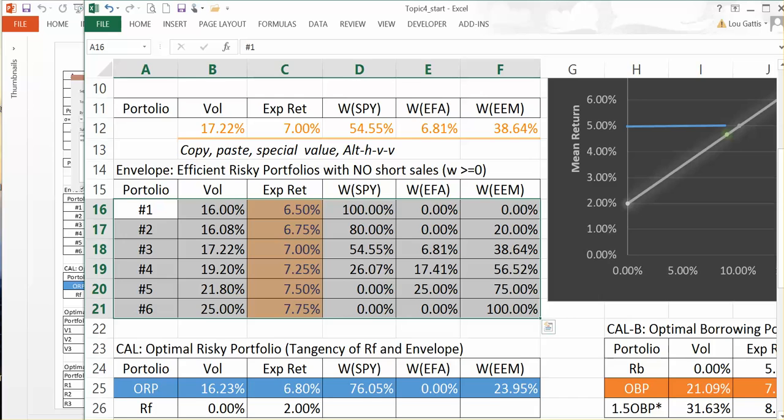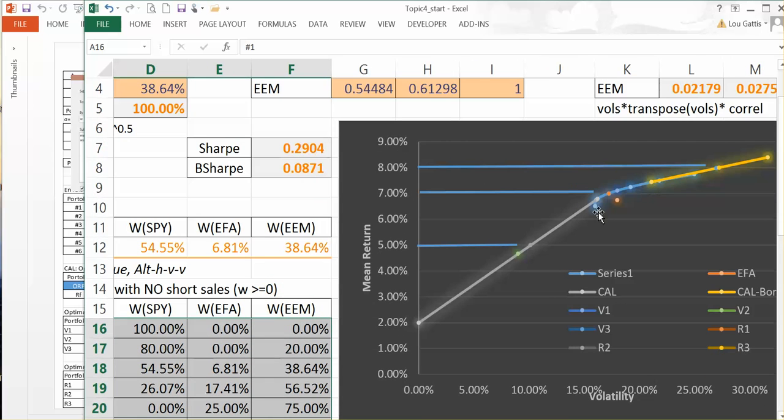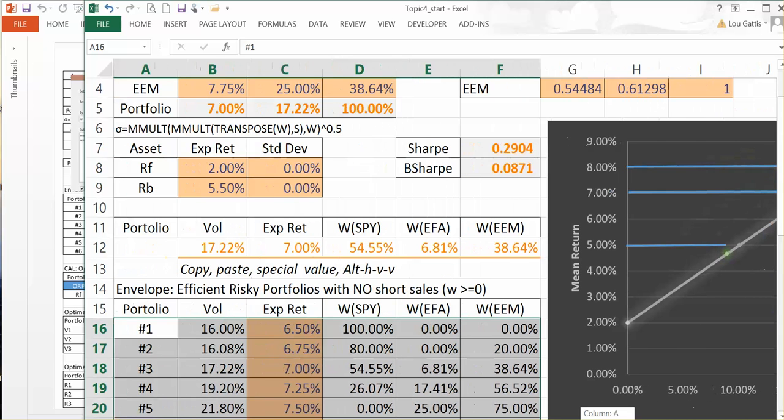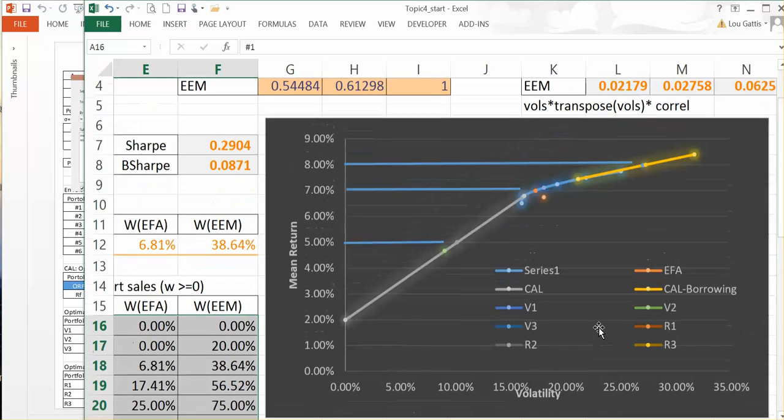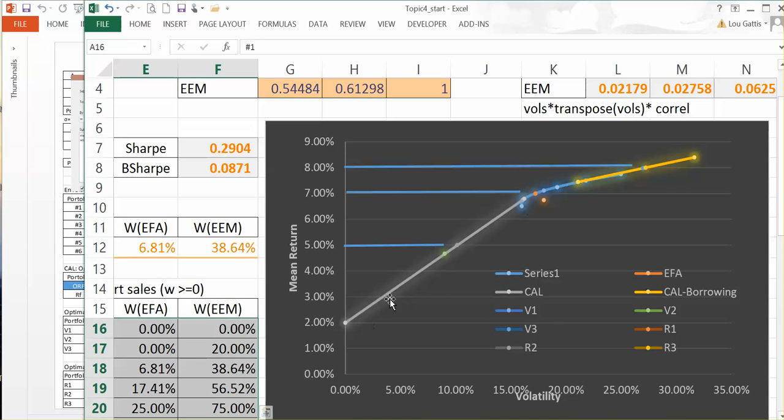Those efficient portfolios created my envelope, this curve. If there are no risk-free assets or borrowing, I'd buy one of those. However, if there is a risk-free asset, we run an optimization procedure to find a portfolio that is a tangency coming from the risk-free rate to the envelope. That's this portfolio here. So if there is a risk-free asset, I would invest in treasuries.